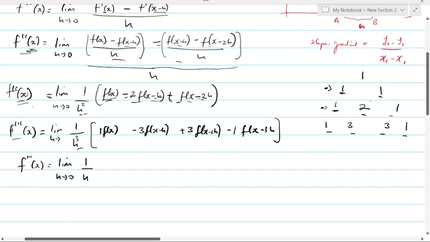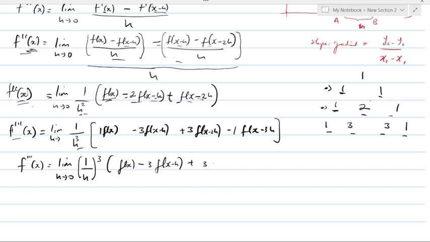You can just put this in a bracket. Then we have f of x minus 3 f of x minus h plus 3 f of x minus 2h minus f of x minus 3h.